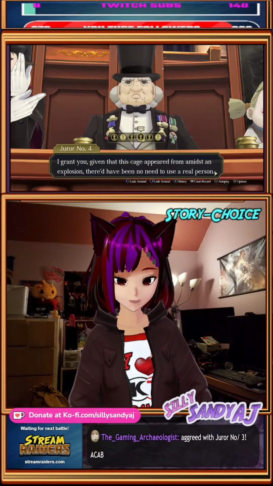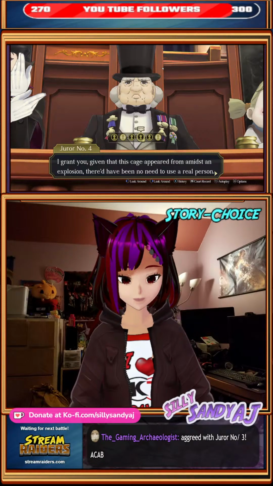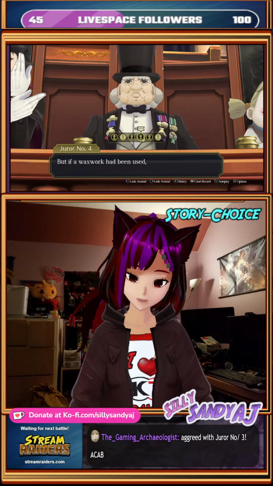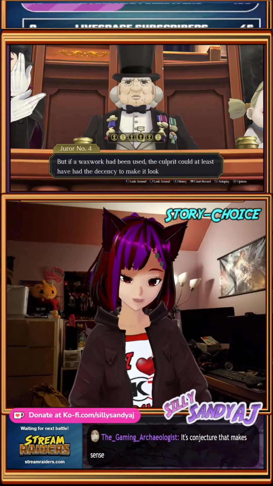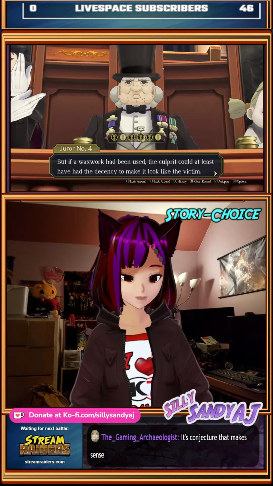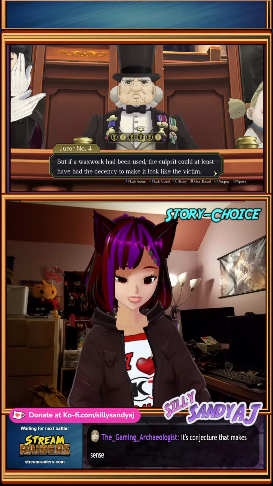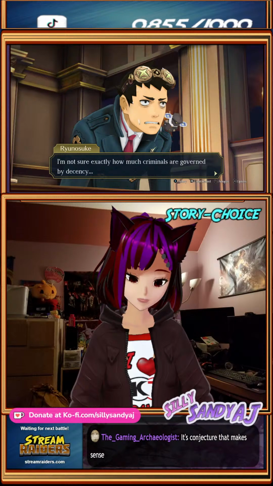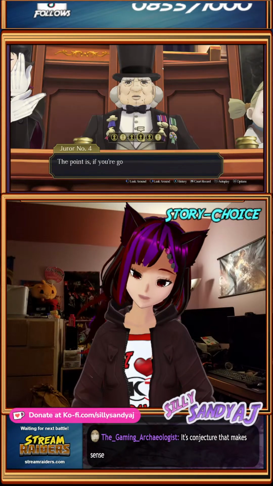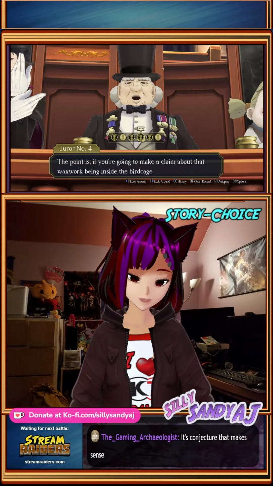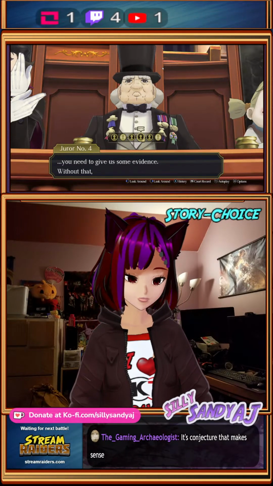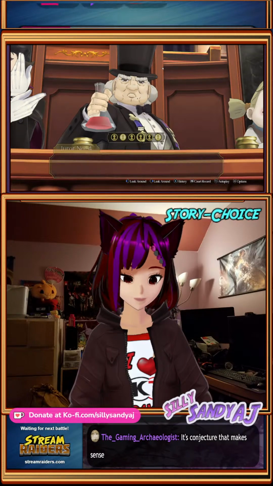I grant you, given this cage appeared from a mist and explosion, there would have been no need for a real person. But if a waxwork had been used, the culprit could have at least had the decency to make it look like the victim. I'm not sure exactly how much criminals are governed by decency. The point is, if you're going to claim the waxwork was inside the birdcage, you need to give some evidence. Without that, it's just not science.